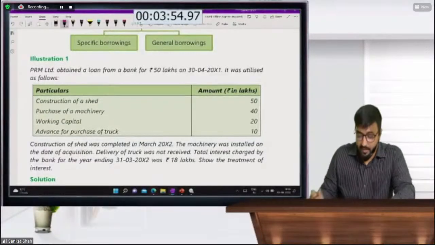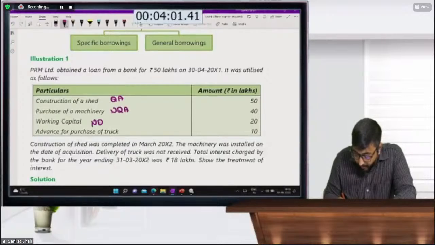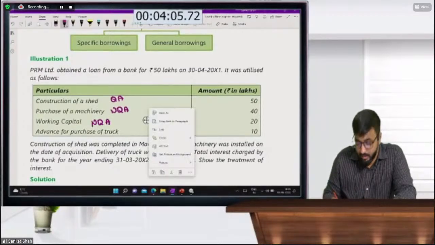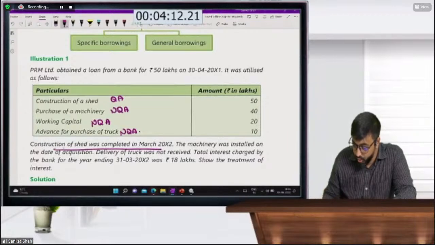Construction of shed, beta. This is a qualifying asset. Purchase of machinery, not a qualifying asset. Working capital, not a qualifying asset. Day-to-day capital. Advance of truck is also not a qualifying asset. Construction of shed was completed in March 2002, that is after 1 year.